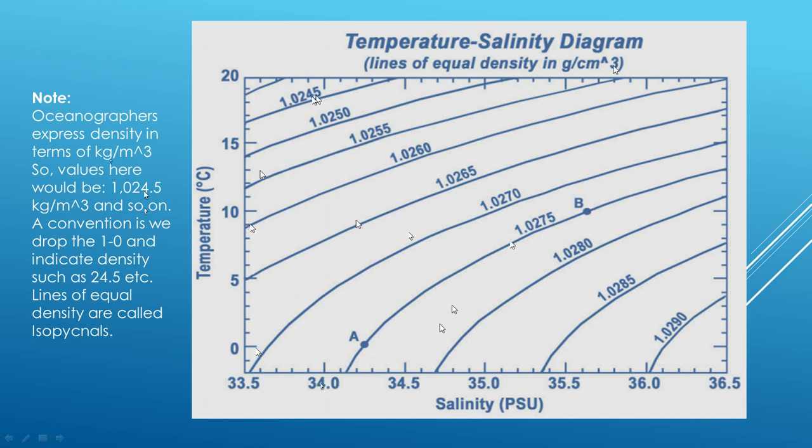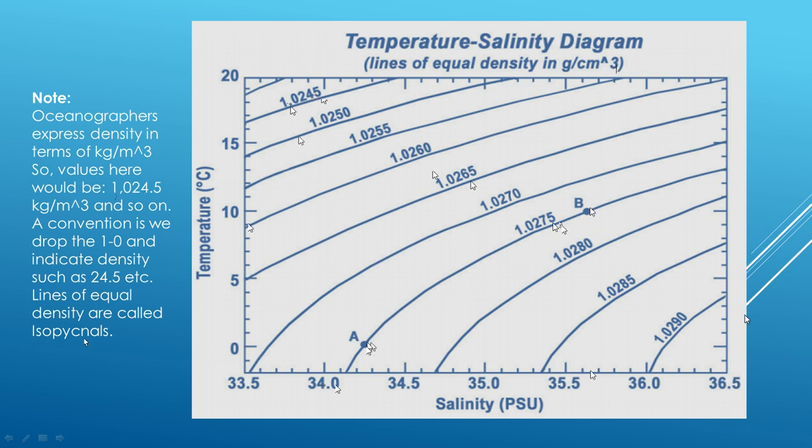But also look what happened. We increased the salinity from 34.25 to basically 35.55. So what happened here is when we increase the temperature to keep the same density, we had to increase the salinity.